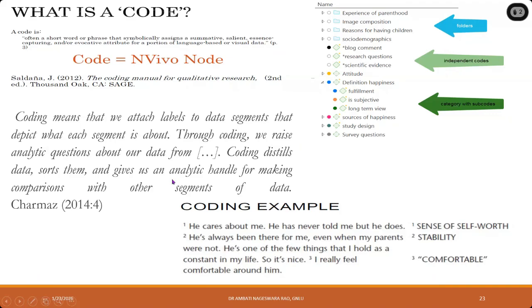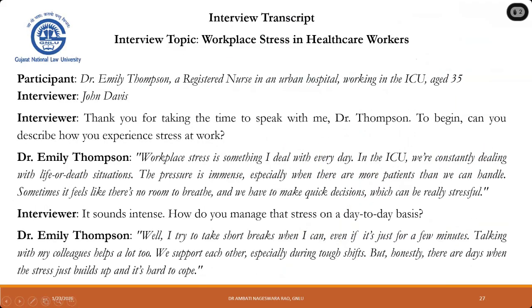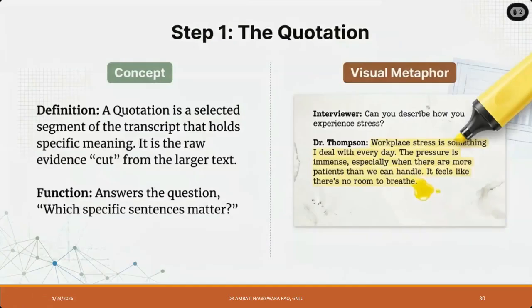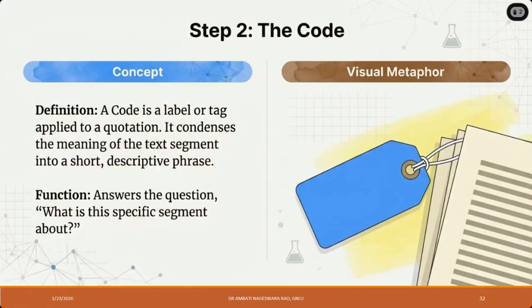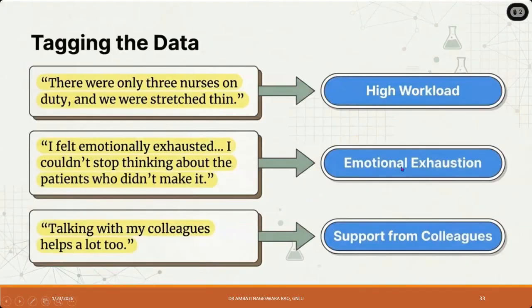Now, come to this particular point here. Quotation means you are taking some narratives which have significant value, which you feel from the reader's point of view you want to take. Whereas when it comes to the code, you are going to come up with some label, or tag the particular quotation, like high workload.